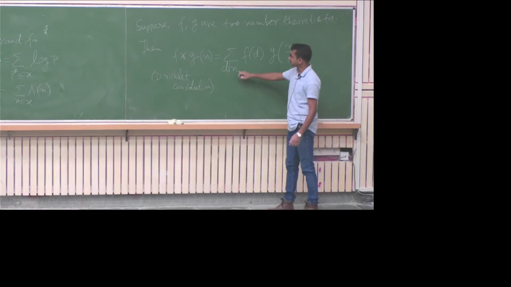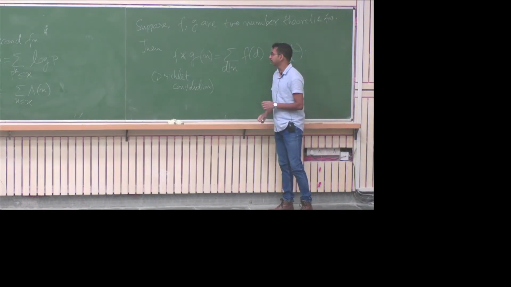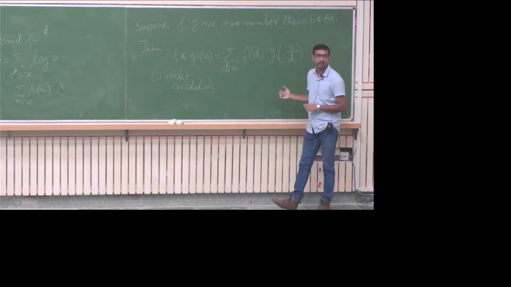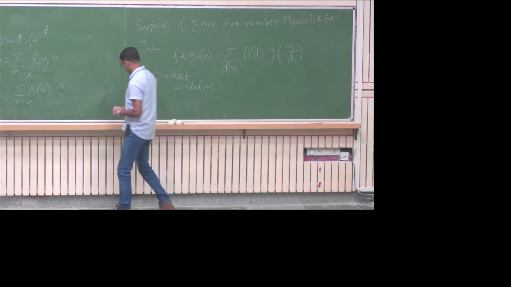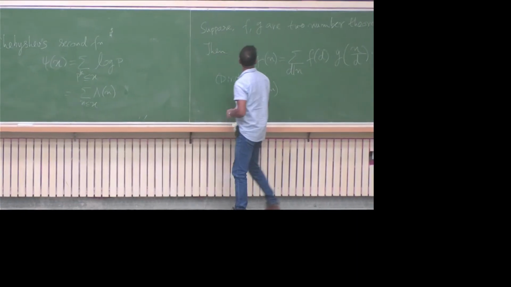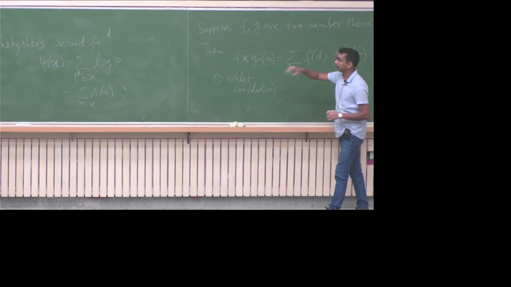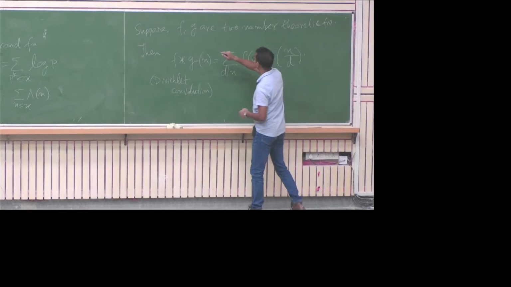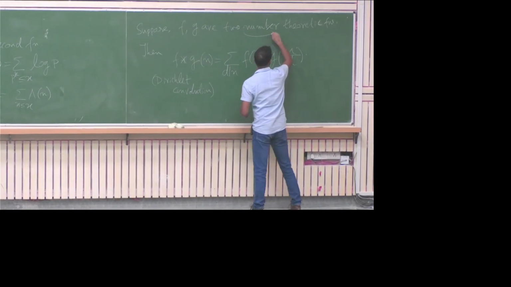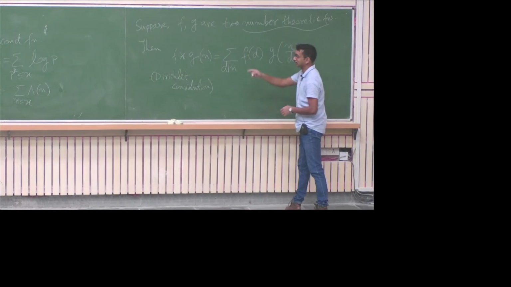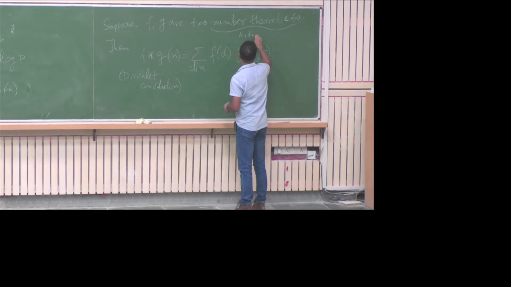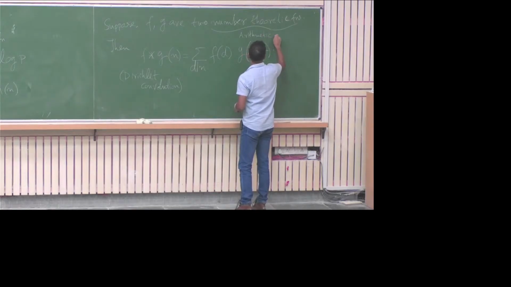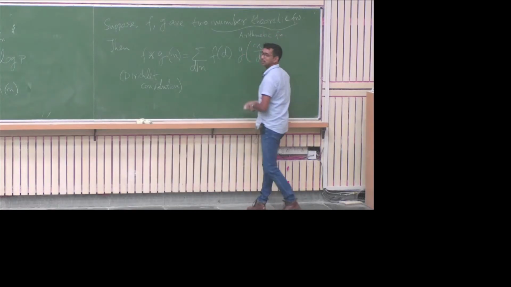So here we are taking some integer n, and the convolution is defined in this way. You can see that this is assumed with number theory functions or arithmetic functions. Here we are writing number theory function, and there we wrote arithmetic functions. They mean the same thing.